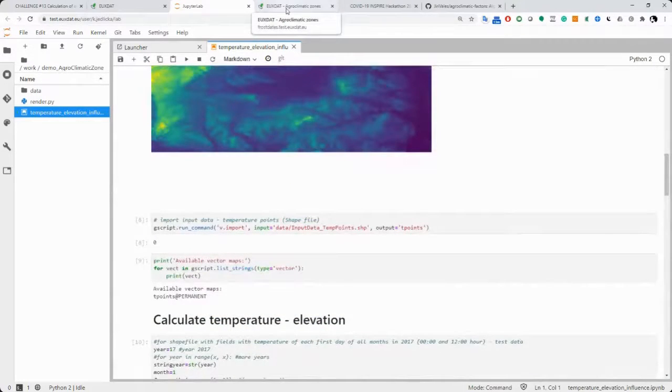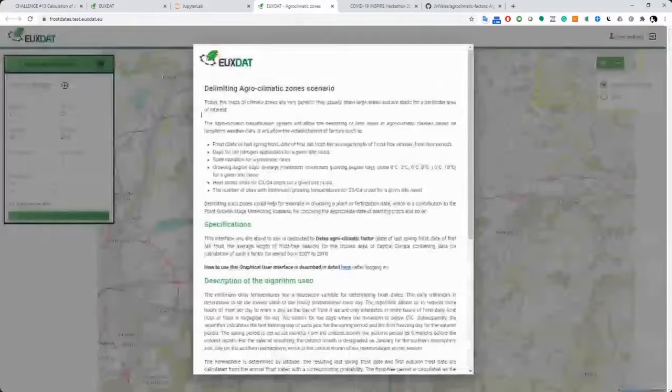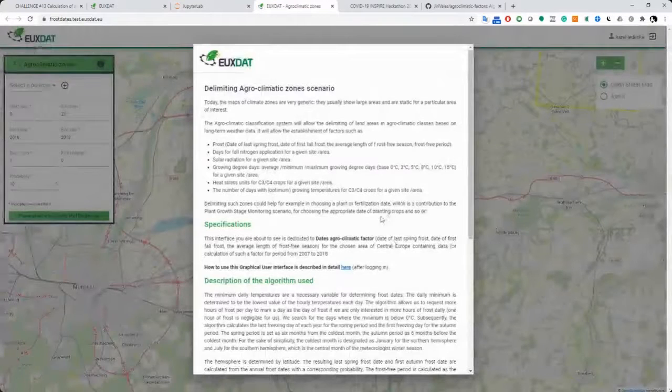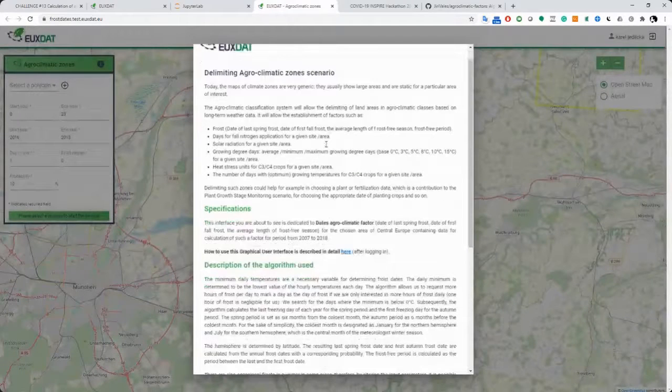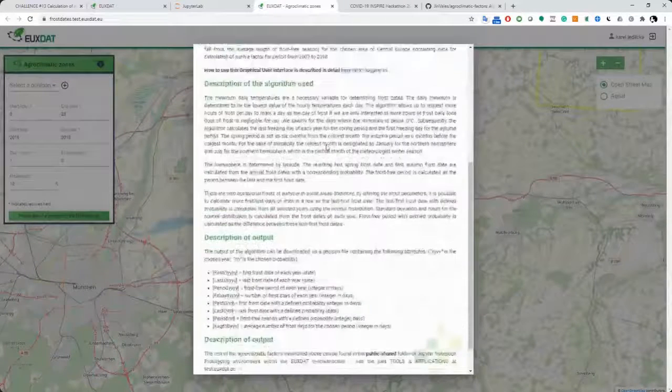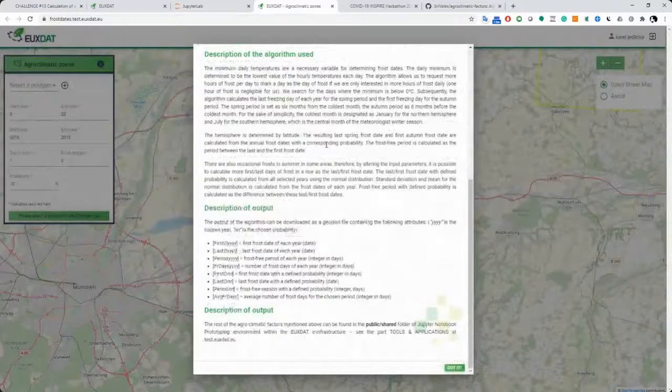Then, if we have the process polished enough, we are ready to prepare some kind of graphical user interface where you can calculate it as a user, and when you calculate it, you can download it in GeoJSON.